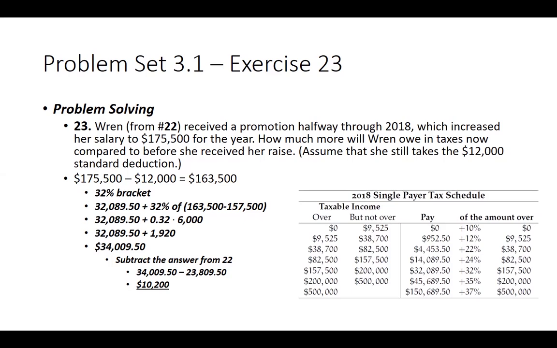Assume that she still takes the $12,000 standard deduction. So her new salary of $175,500 minus the standard deduction of $12,000 would be a taxable income of $163,500. This has now bumped Wren up into the 32% tax bracket.